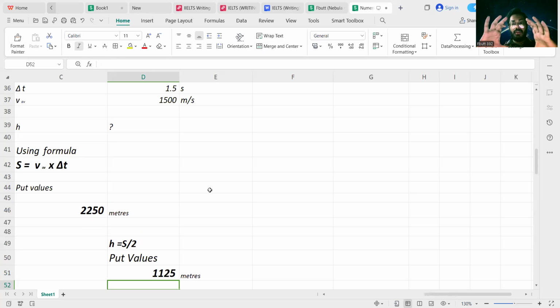If the average speed is not changing, it means that the same type of hurdles will be faced by the sound waves in the first half of the journey and in the second half. Then the speed of the sound wave will remain the same. So if the speed remains the same, then to cover the distance in the first half and in the second half, the sound waves will require the same amount of time. See? Okay.